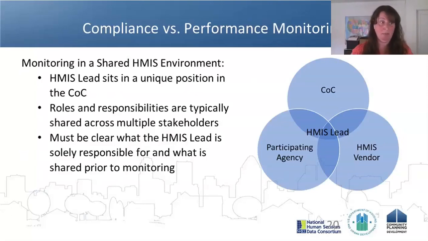And a successful HMIS implementation, looking to performance, would take into account all of the shared responsibilities. Try to define where responsibilities are isolated to a certain entity, kind of like in the charts that Ryan went over right before I took over the slide deck.